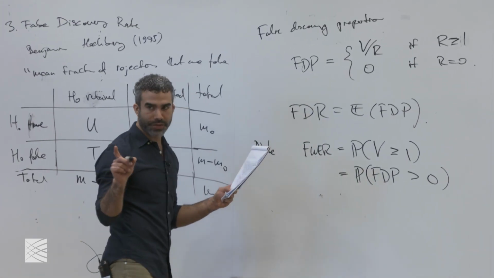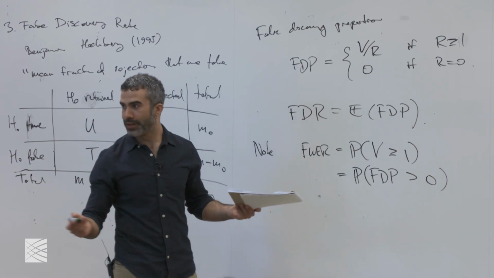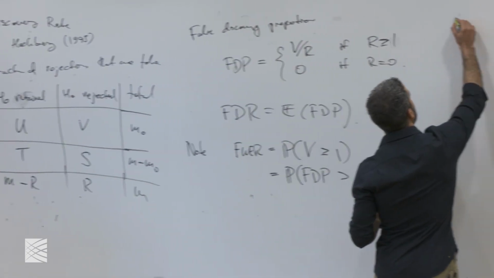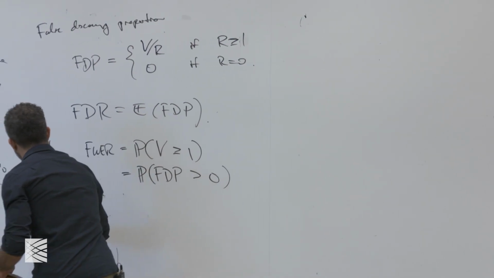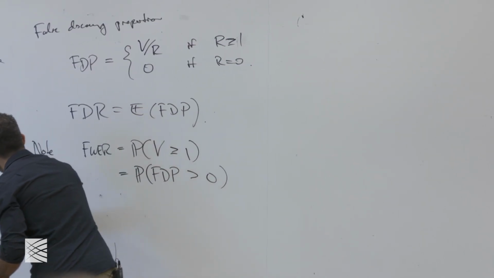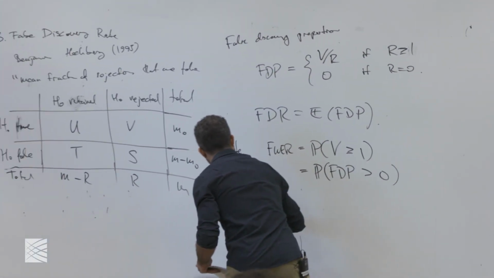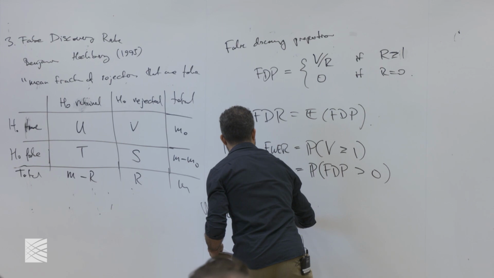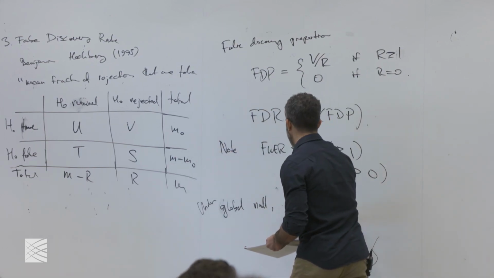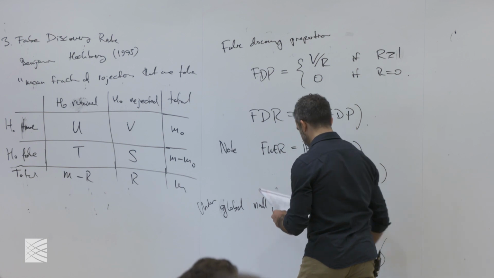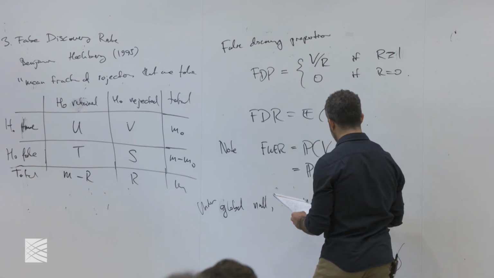but there's one very interesting case where they're actually the same thing, which is under the global null. So that means all the null hypotheses are true. M naught equals M. In that case, V is equal to R. Okay?